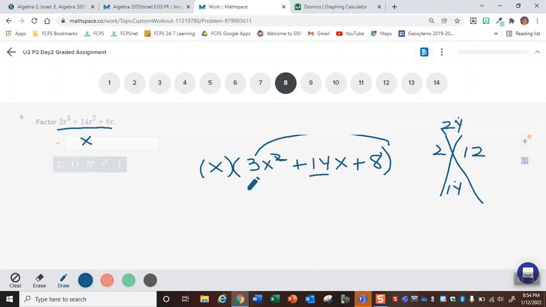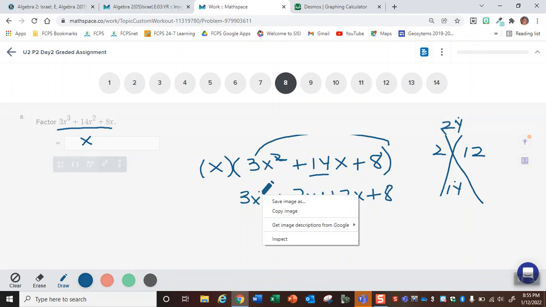All right, and so then I've got the 3x squared plus 2x plus 12x plus 8. All right, and then now I've got 4 terms, so my common factor here is just an x.